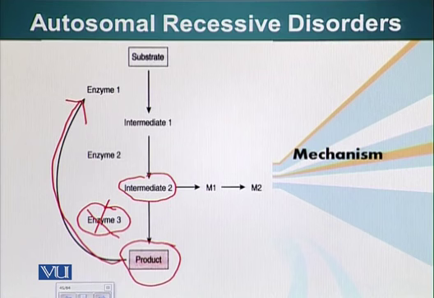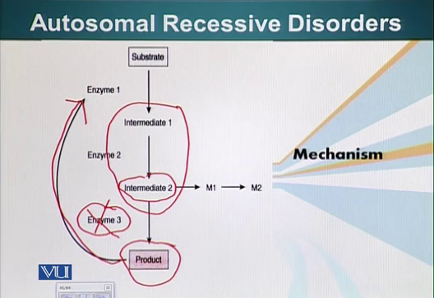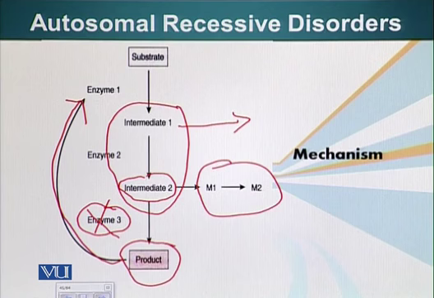This is the commitment step in this process. Once enzyme 1 converts substrate into intermediate 1, this process has to follow. Because if this doesn't follow, intermediates 1 and 2 can go to side metabolic pathways and result in toxic byproducts. These toxic byproducts can also result in cell injury and disease.